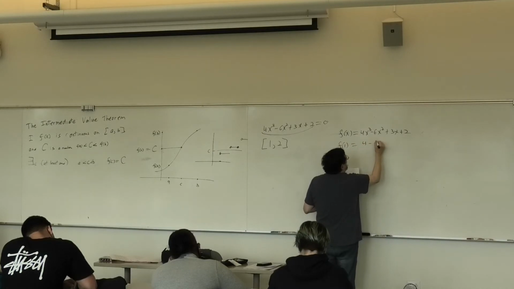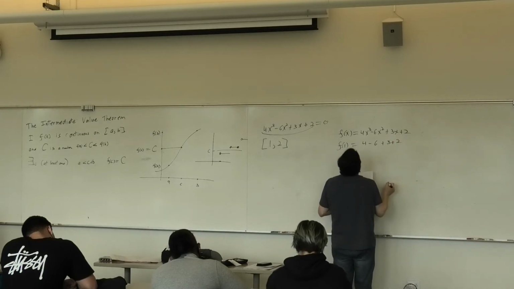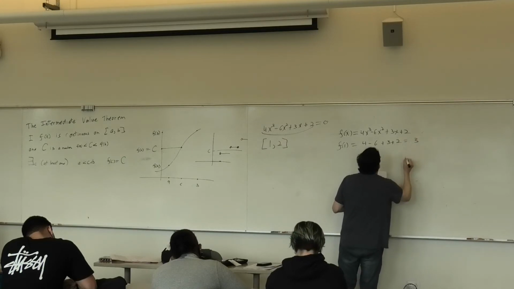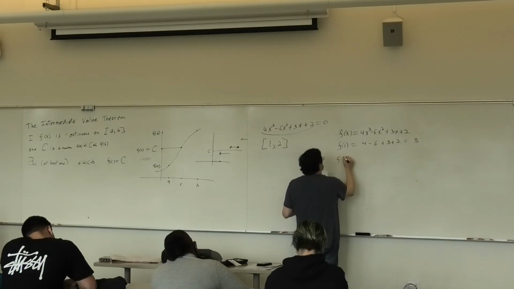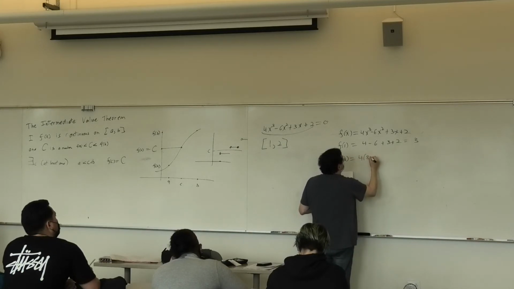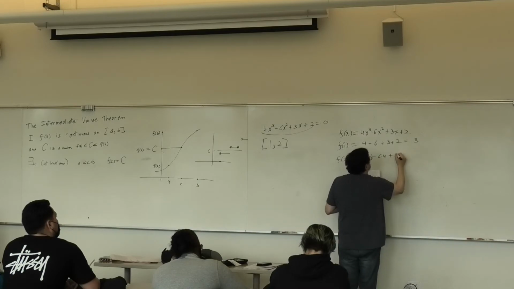That's 4 minus 6 plus 3 plus 2. 9 minus 6 is 3. And f of 2 is 4 times 8 minus 6 times 4 plus 3 times 2 plus 2.